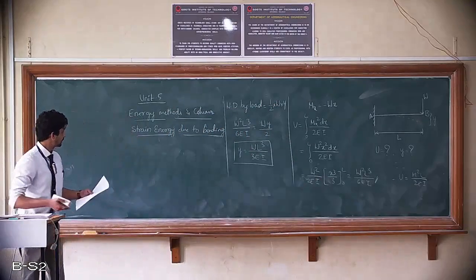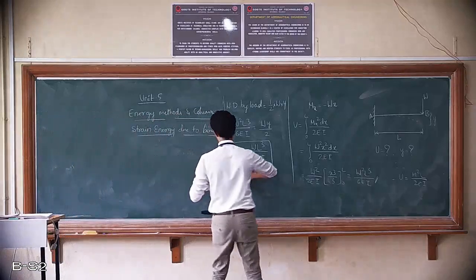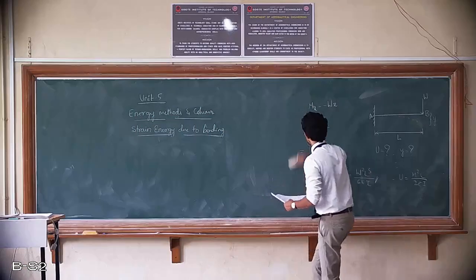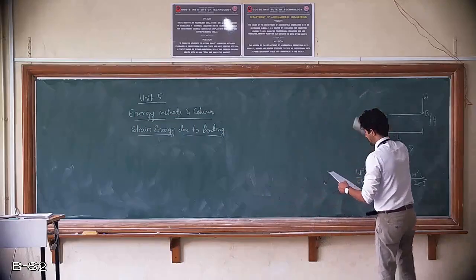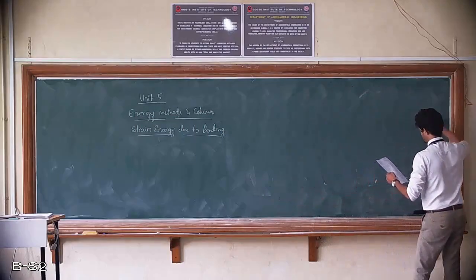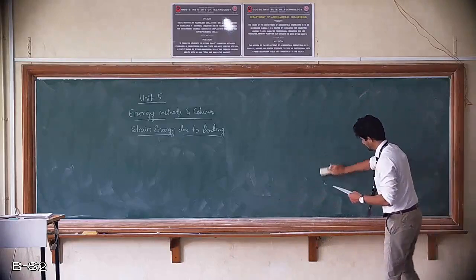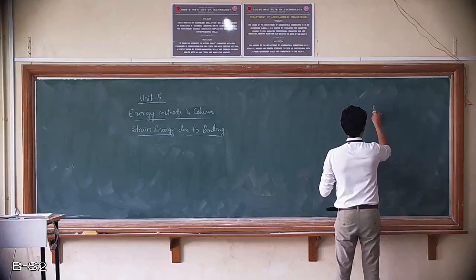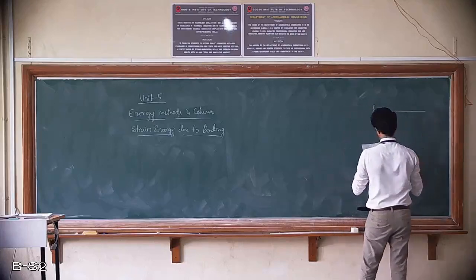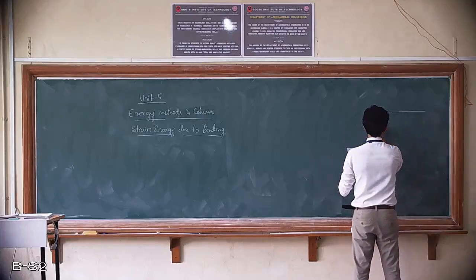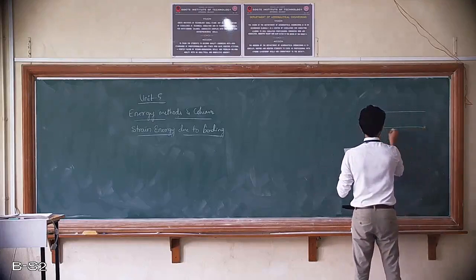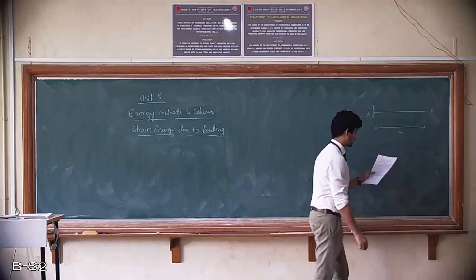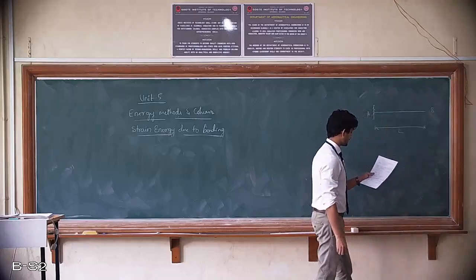A cantilever beam AB of length L is subjected to a couple. Now this time we have a couple. A cantilever beam AB of length L is subjected to a couple mu acting at its free end.